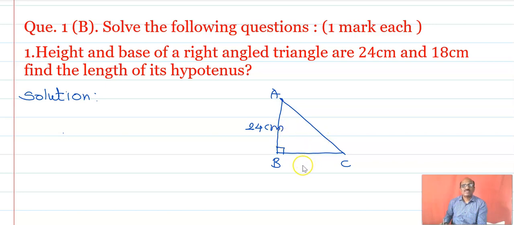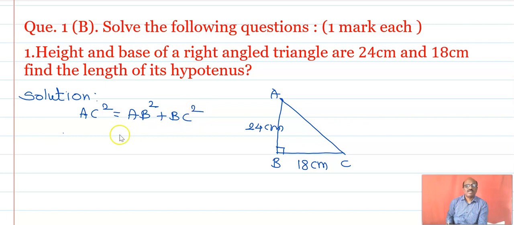And what about its base? Base is 18 centimeter. Then what is AC? Then as this is a right angle triangle, therefore AC square is equal to AB square plus BC square. Okay.